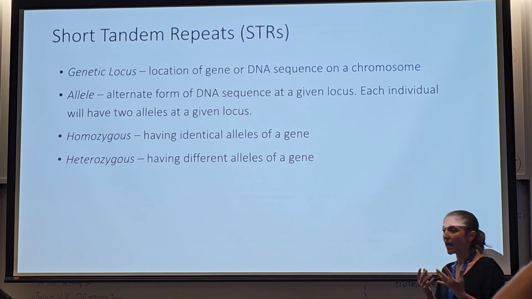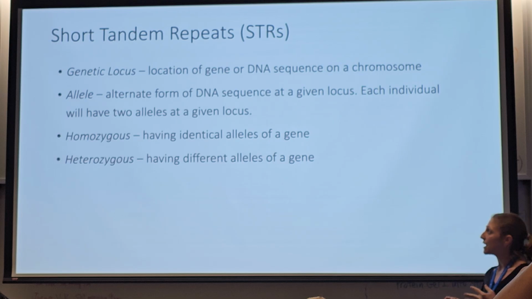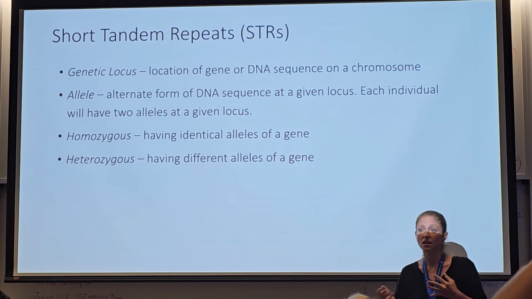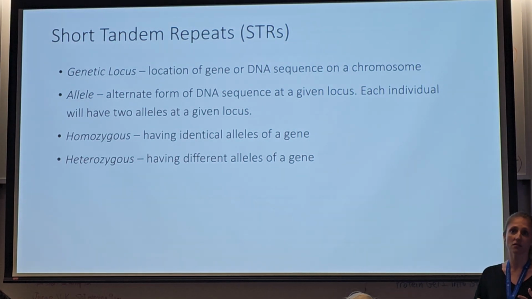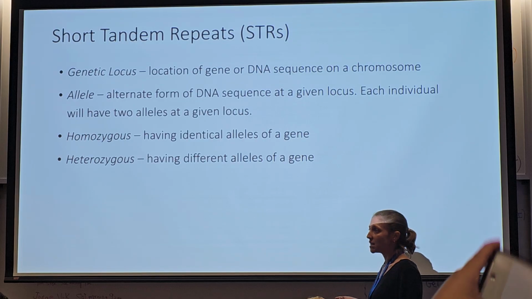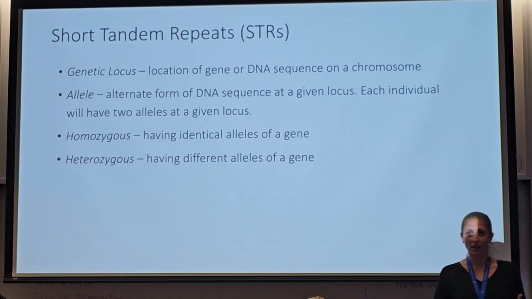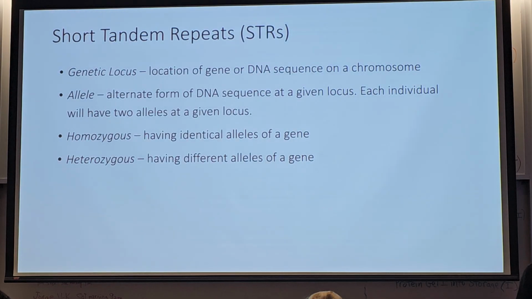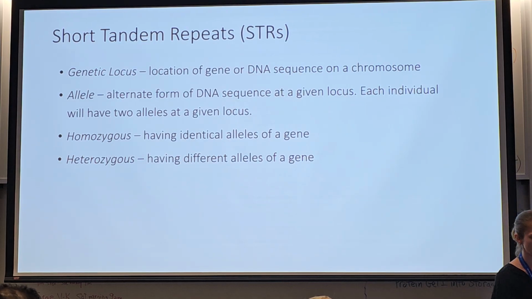For any type of gene, you can either be homozygous, meaning that you have identical alleles at that genetic locus, so you've inherited the same allele from both mom and dad, or you can be heterozygous, meaning that you have different alleles at that given locus. So you've inherited a different allele from mom and a different allele from dad, okay?